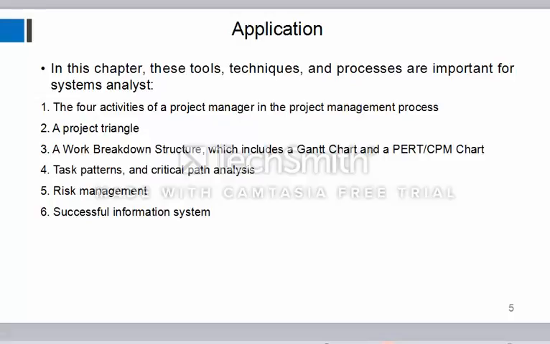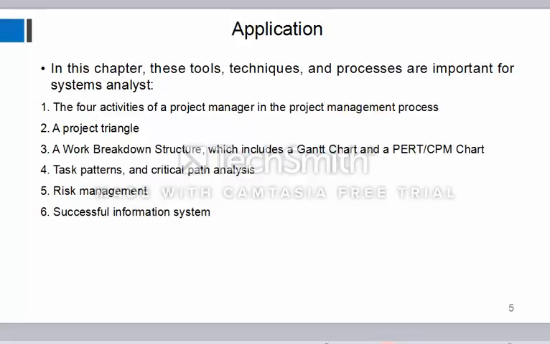The four activities of a project manager in the project management process are planning, scheduling, monitoring, and reporting. A project triangle consists of time, cost, and scope.